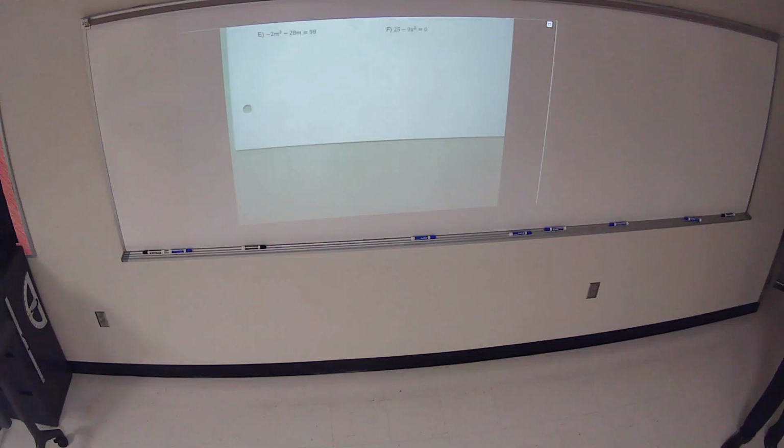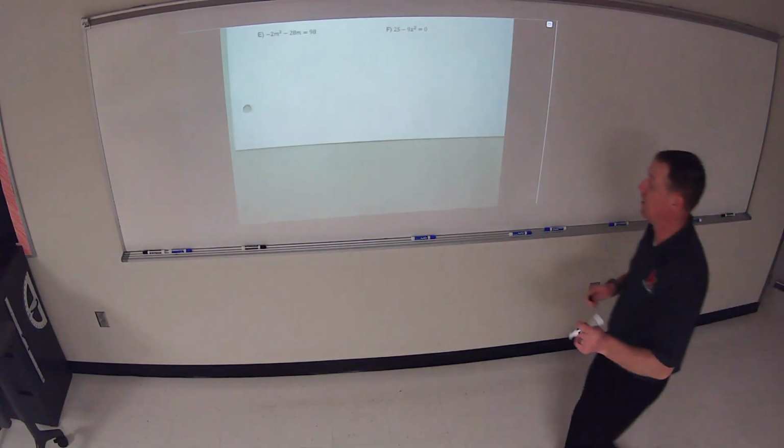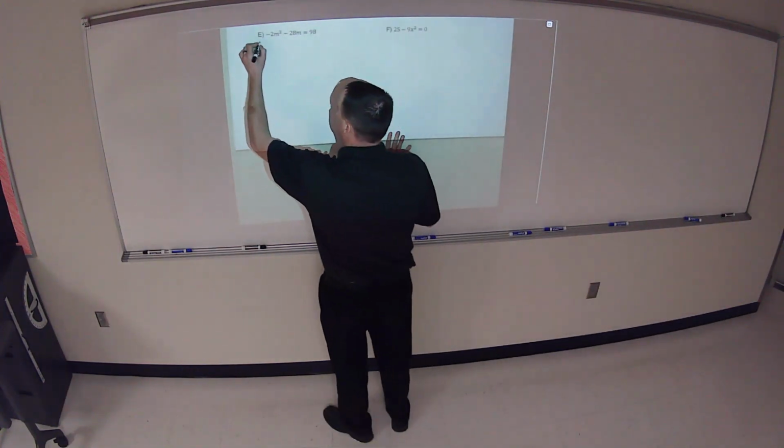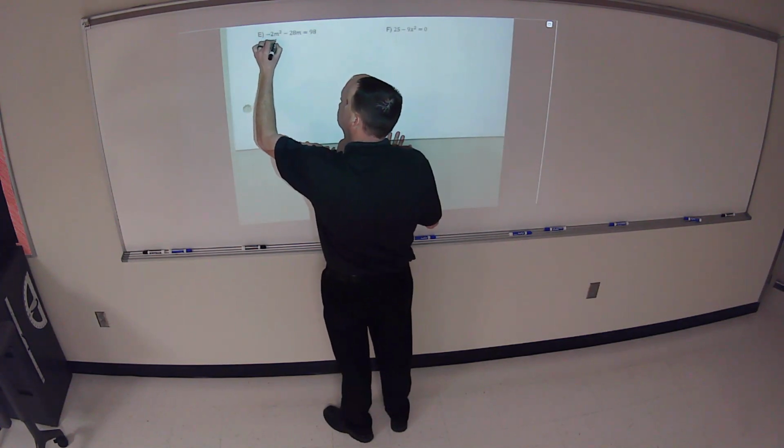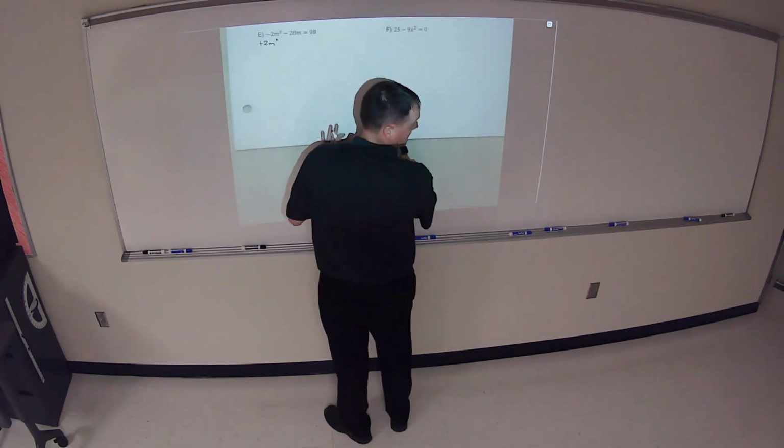Okay? So, in example E, notice that my A value is negative, but also notice what? So you got to make it equal to 0. But if my A value is negative, guess what I'm going to do? I'm going to move that. Because if I move it to the other side, it's going to become what? It's going to become positive. You got to move one or the other, doesn't matter.